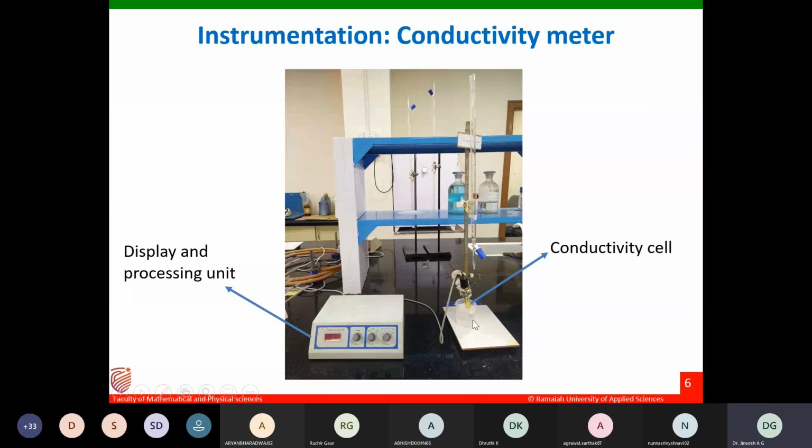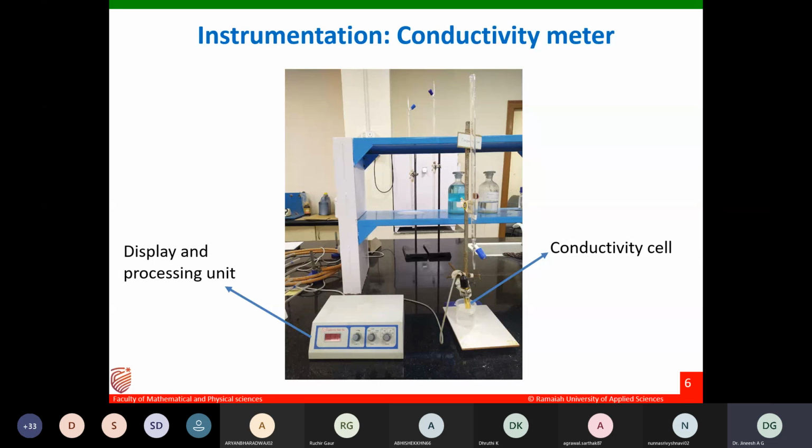There are two small black platinum foils at the tip of that rod. So two electrodes. These platinum foils are electrodes. So two electrodes form one cell. So at the tip of the conductivity cell, there are two electrodes made up of black platinum.